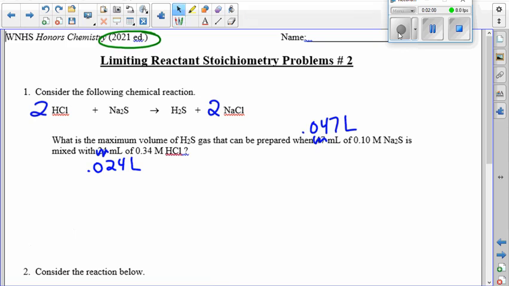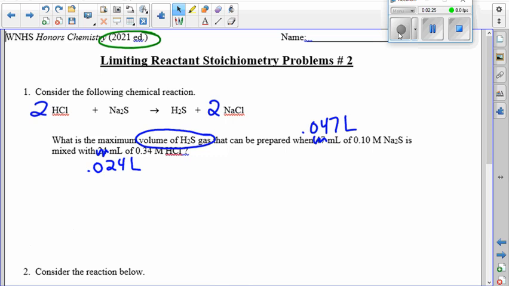So in this particular problem, we want to know the volume of hydrogen sulfide gas. So all my calculations should be working themselves towards hydrogen sulfide that can be prepared from these 2 different amounts of reactants. If you remember yesterday, we talked about cheese sandwiches a little bit and bike frames and all that good stuff.